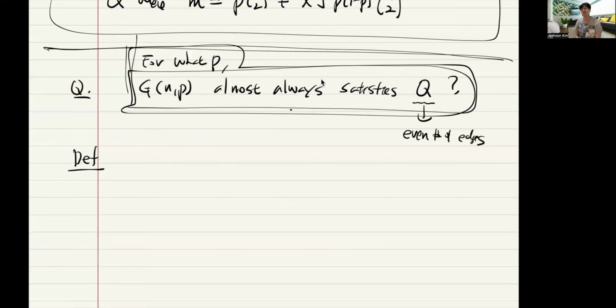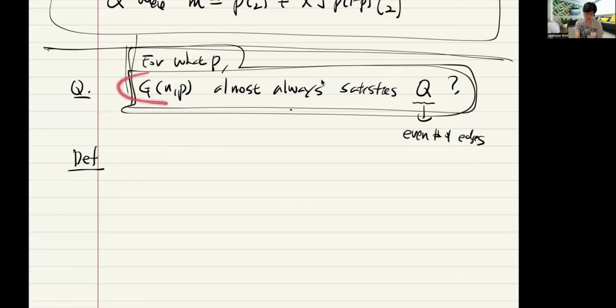And for most P, unless P is extremely small, to make sure that this is almost always empty or almost always a complete graph, then this is possible. It almost always satisfies Q or almost always does not satisfy Q. That's possible.